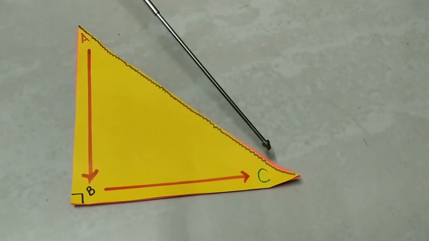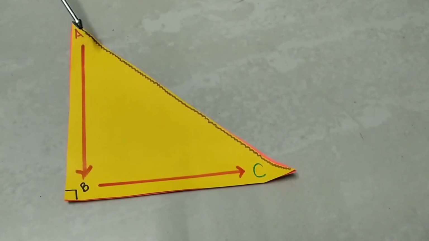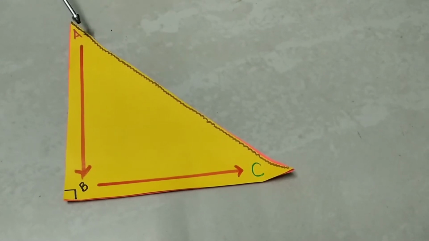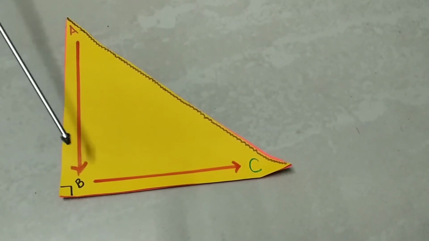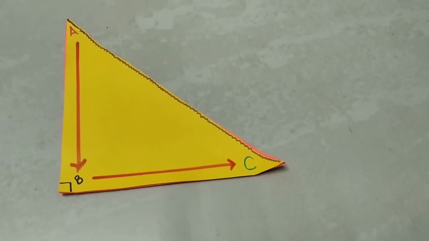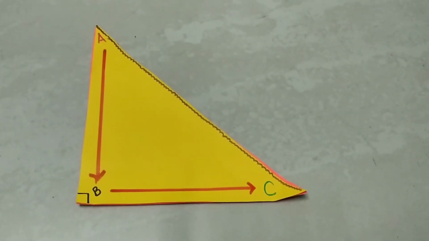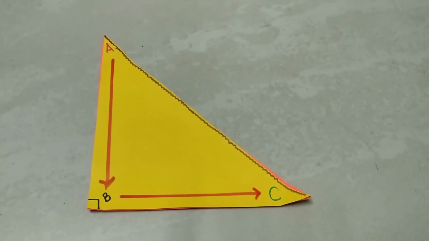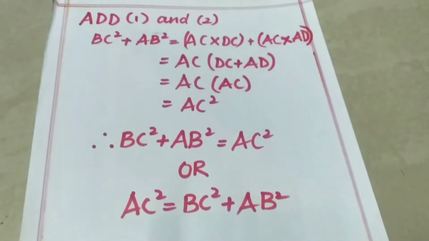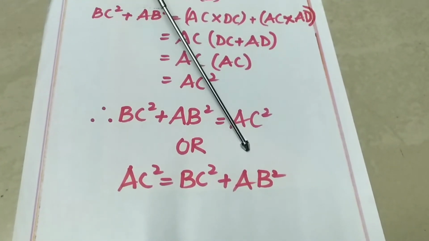Therefore, the square on the hypotenuse, that means AC square, is equal to the sum of the squares of other two sides, means AB square plus BC square. That means we have to prove that AC square is equal to BC square plus AB square.